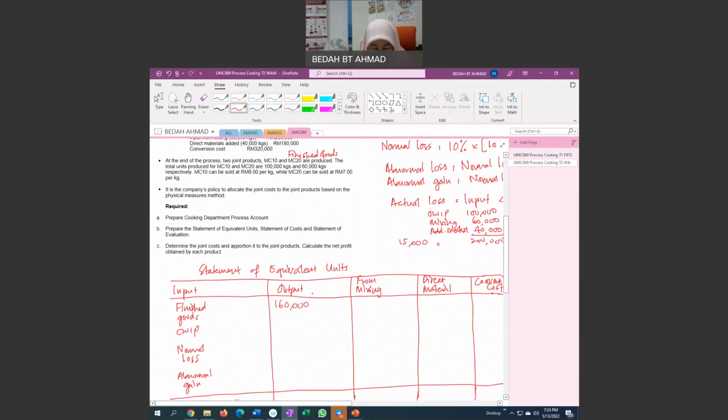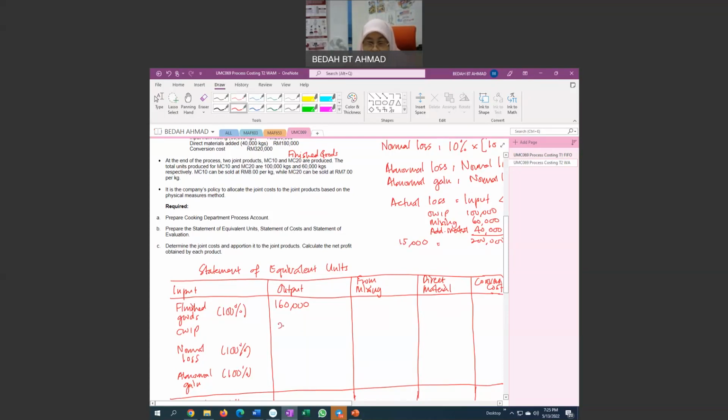This is considered as the 100% output. For the finished goods, the normal loss, and the abnormal gain, usually these are treated as 100% completion. Only for the closing work in progress or opening work in progress, if any, it will depend on the degree of completion.